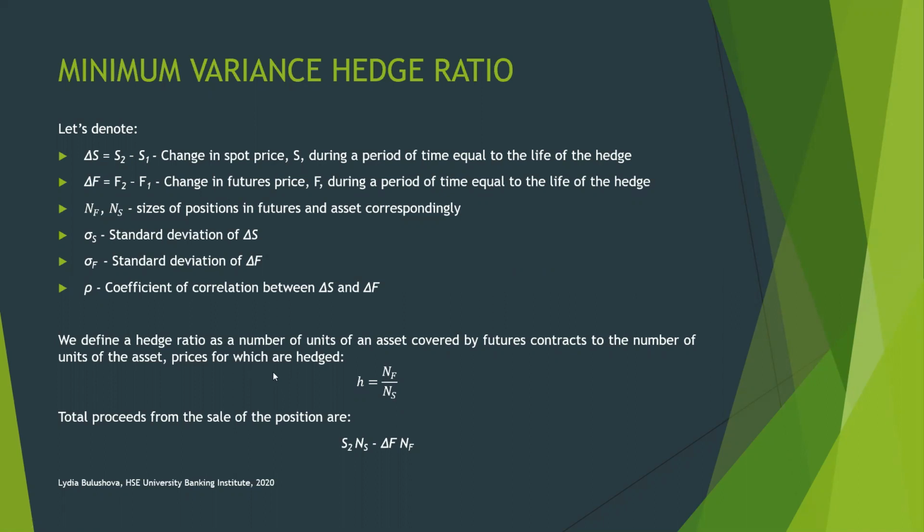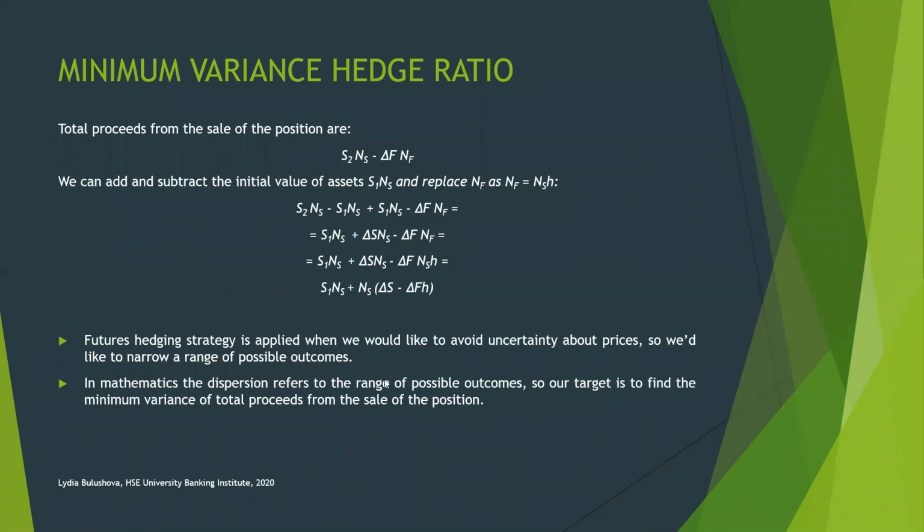We can introduce any other sign, or we can just keep the ratio, but it's not very convenient because n sub s is known and n sub f is what we're trying to find.